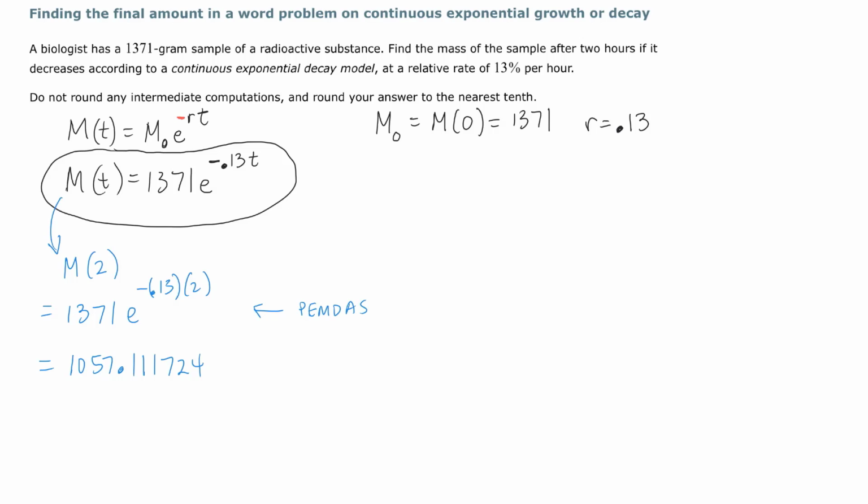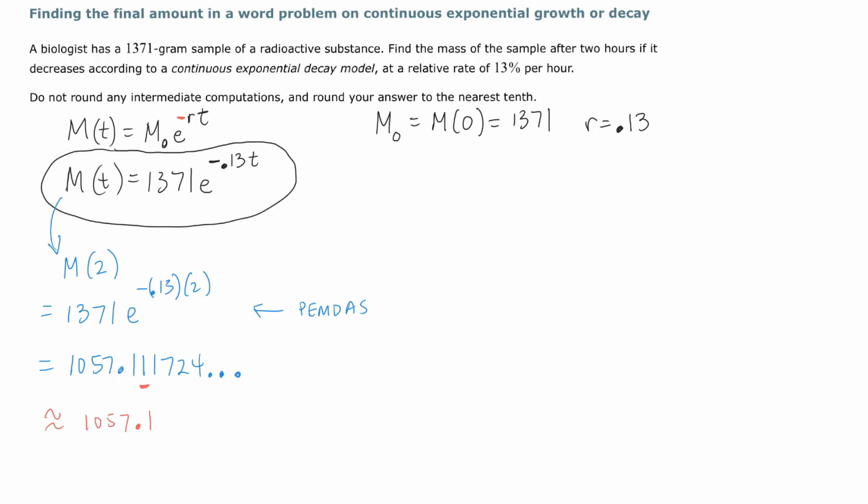So I usually do the base e first and then raise it to the exponent and then multiply by 1371. We get this number here, and it says round to the nearest tenth. So 1 is less than 5, so we're going to round this number down to 1057 decimal 1.